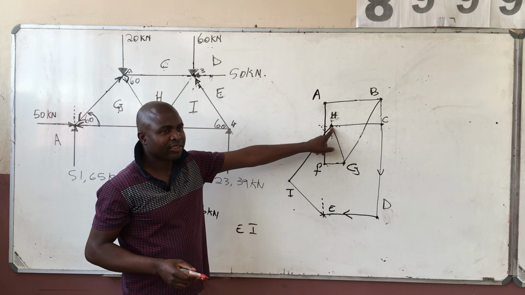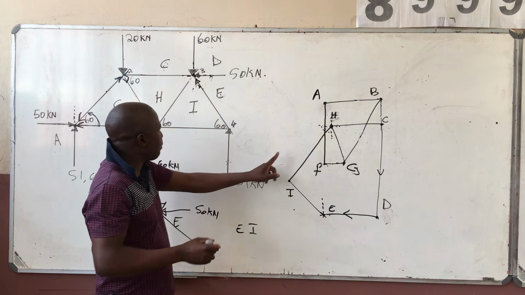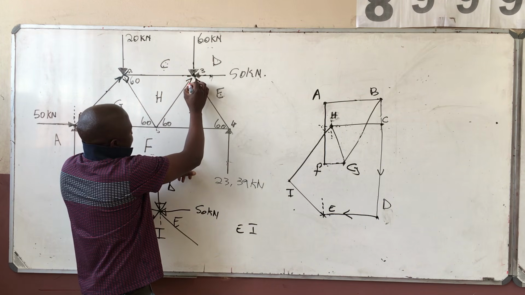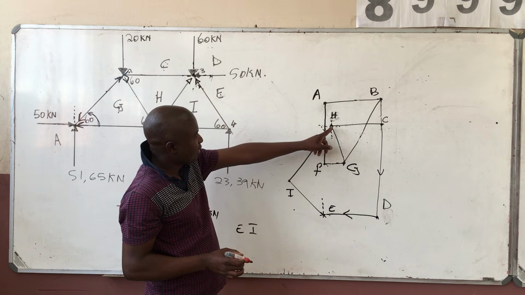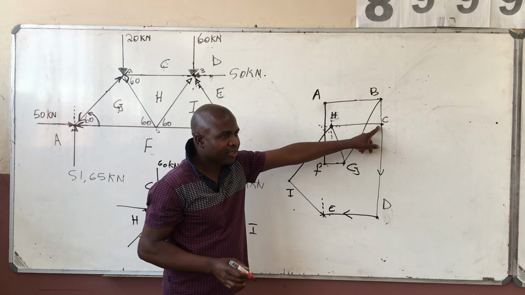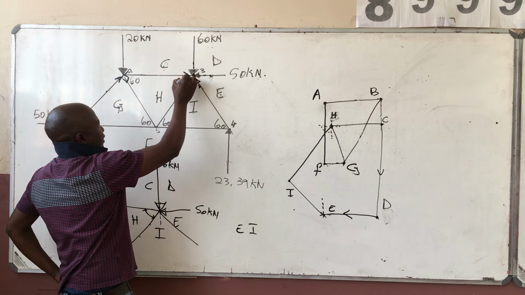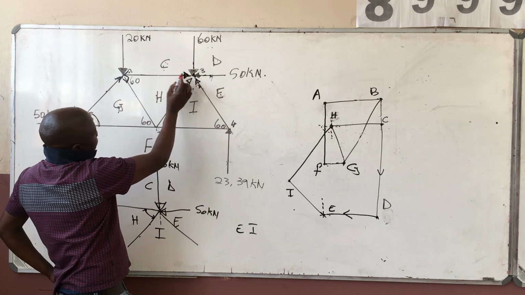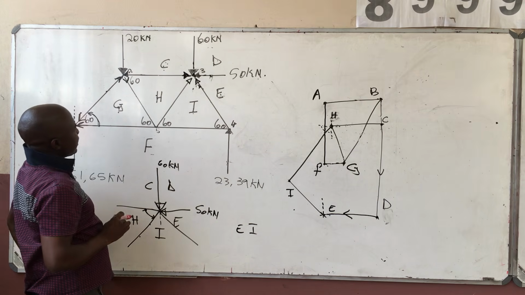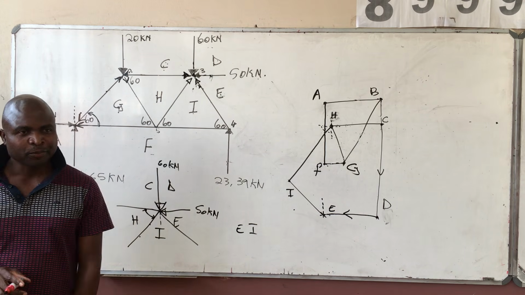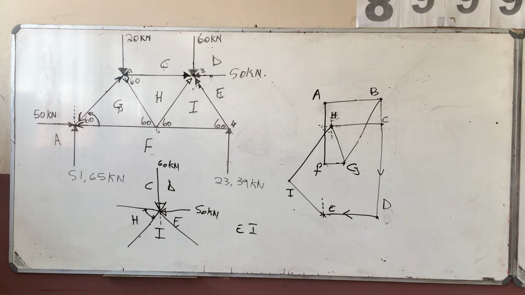IH also up, ne? Also up. Then HC to the right. Looking at this arrow and this arrow, what is the nature of CH? Strut, ne? Yes. The nature of CH is a strut.